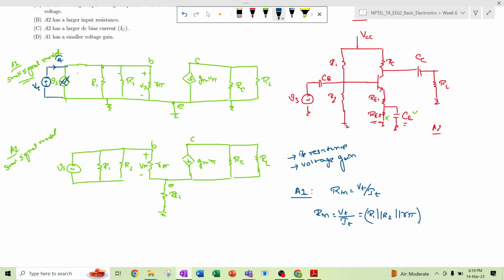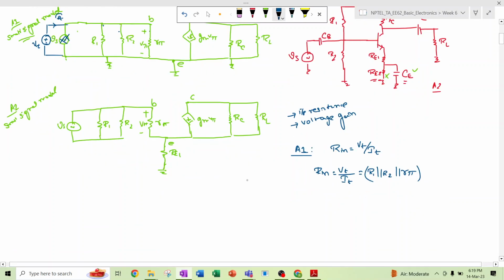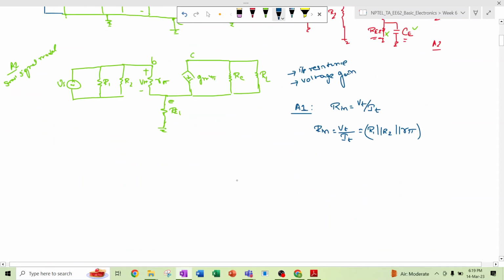Okay. And in case of A2, the thing is a little bit complex. Here we have R pi. Suppose there is IB current flowing through this.